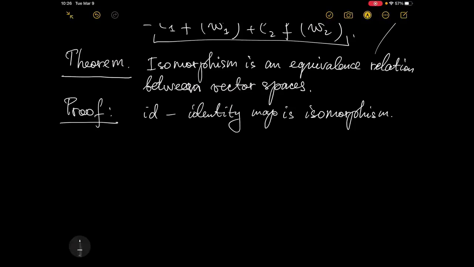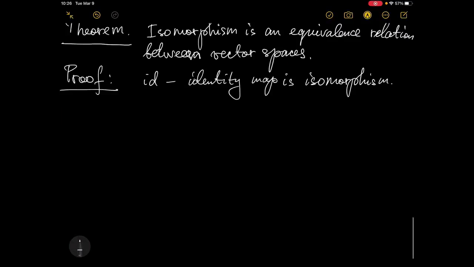I leave it as an exercise because it's easy. The identity map, which doesn't change the vector, is clearly one-to-one and onto, and then all you need to do is prove preservation of structure, which is extremely simple. So that's reflexivity.